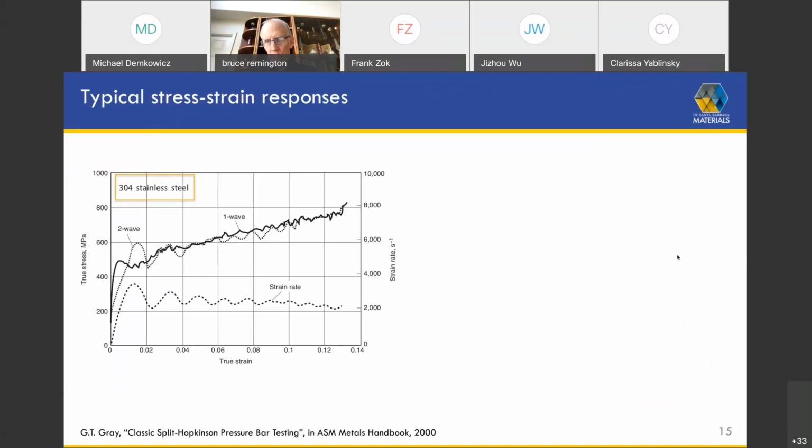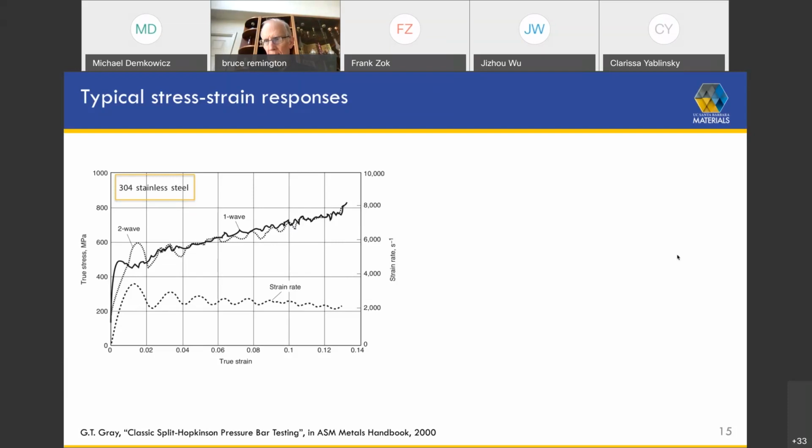I'm not fully clear on the question, but I will say this. If you want to understand the rate sensitivity, you of course would perform experiments of this type with different striker velocities, perhaps with different striker bar lengths, and in that way you can probe various strain rates.